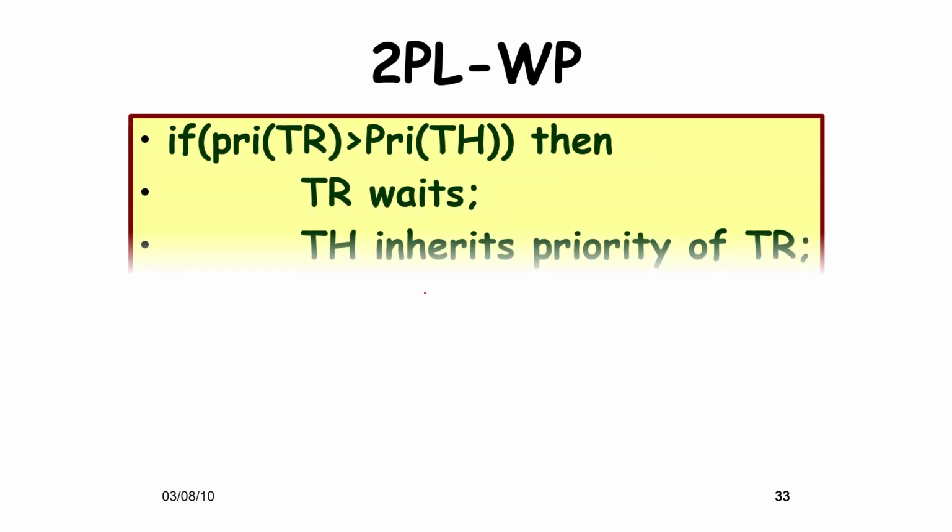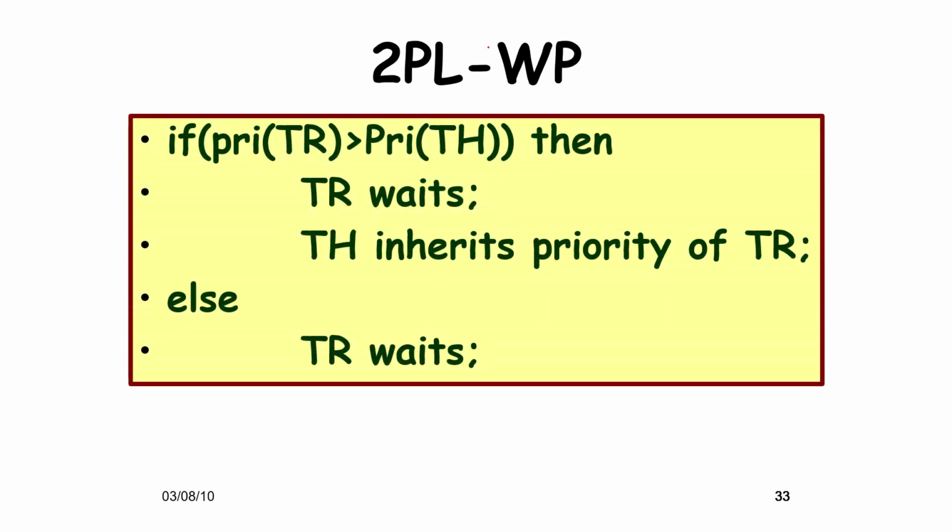So, to limit this delay, we can have a variation of this protocol, 2PLWP, where the priority of one task TR is more than the priority of another task TH.